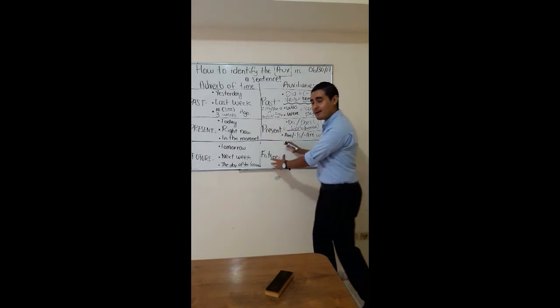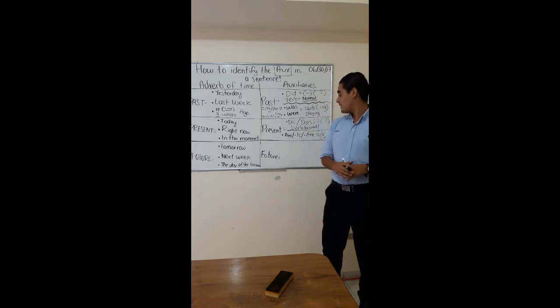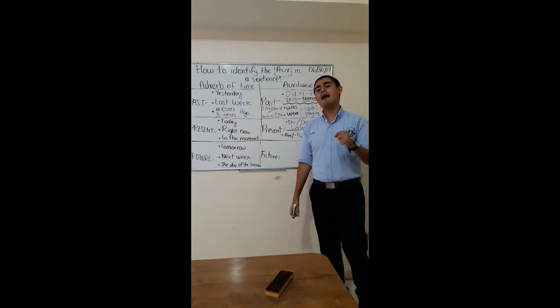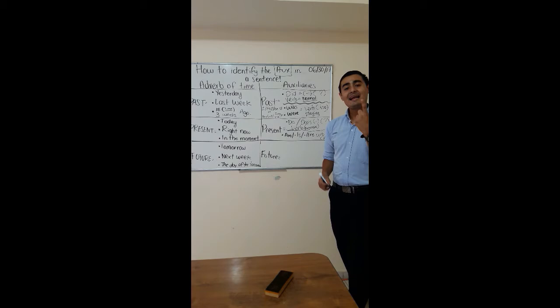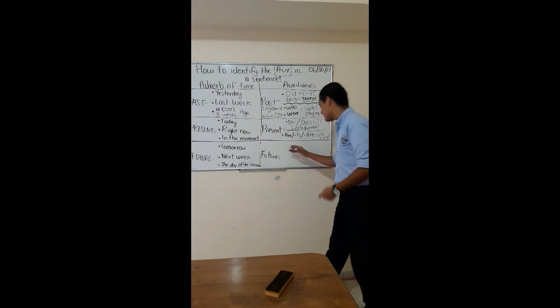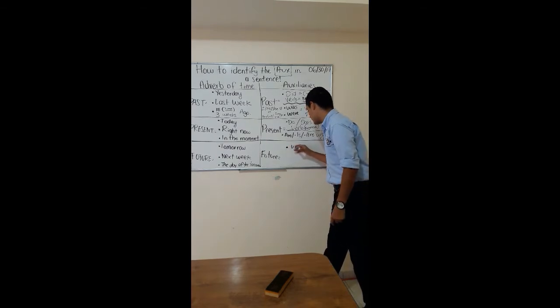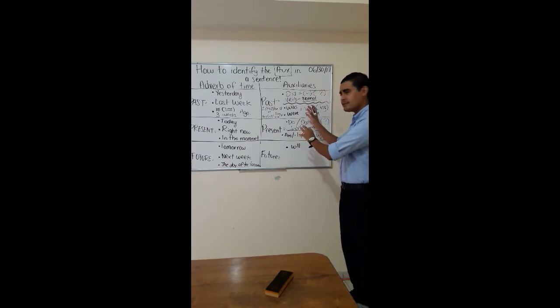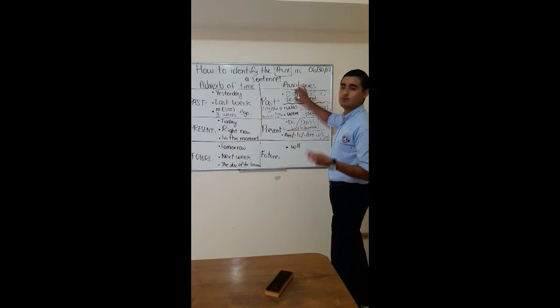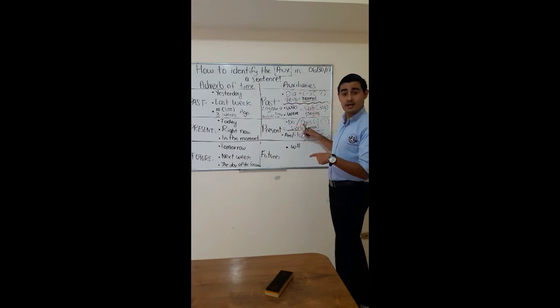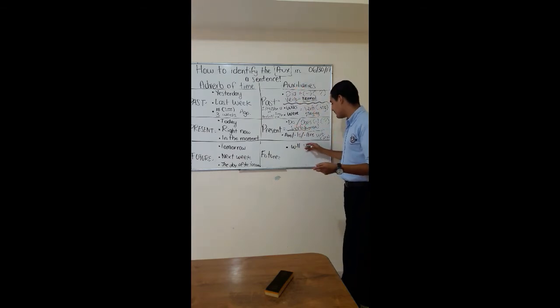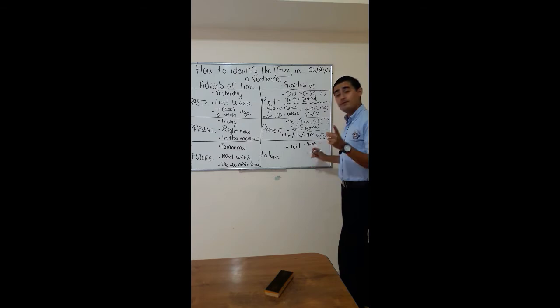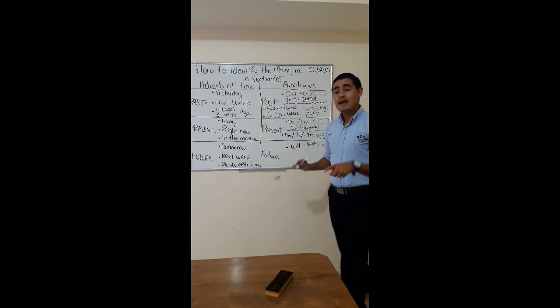How about if we pass to the future form, right? In the future form, we have two ideas. Idea number one is the idea will, okay? And very, very similar to did, do and does, with will the verb is normal.